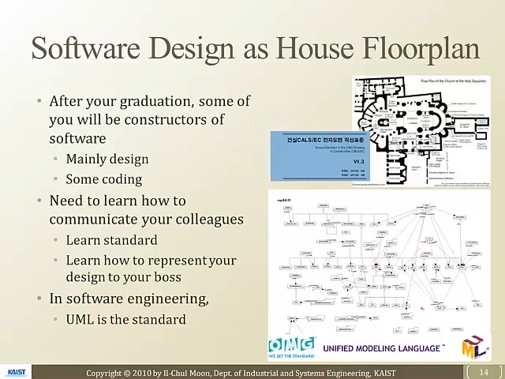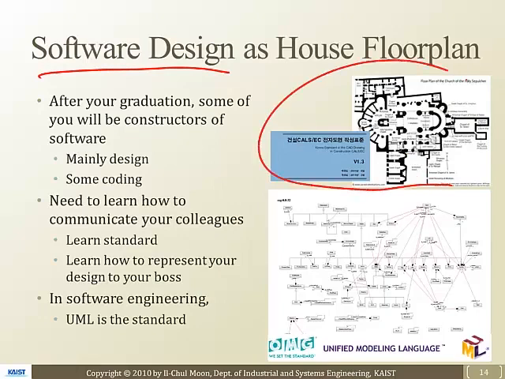Software design is similar to construction, and in the construction field, it has its own standard. In software design and software development, we also have our own standards. You are going to learn this standard to build complicated software artifacts with your design.